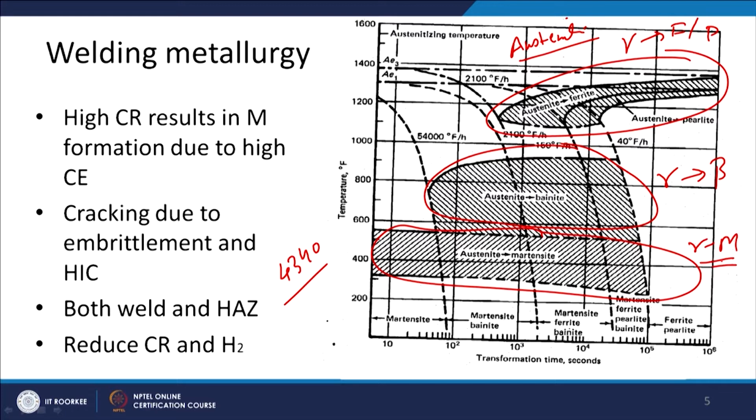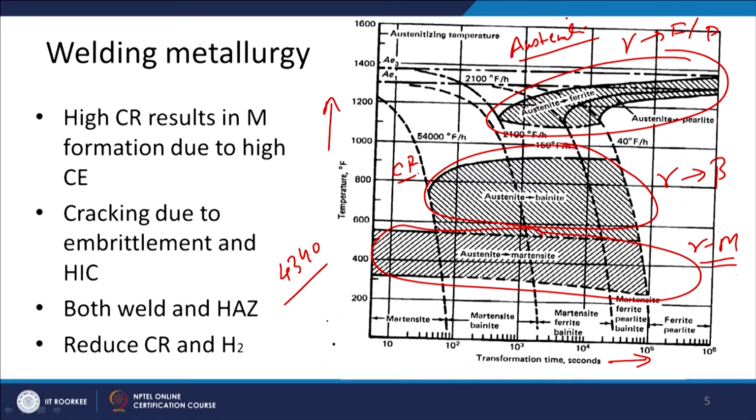So, this diagram shows the relationship between the cooling rates being imposed, that is, the way by which austenite will be transforming into the different phases when the different cooling rates are imposed. So, the temperature versus time relationship shows the variation in the temperature as a function of time, indicating the cooling rate.